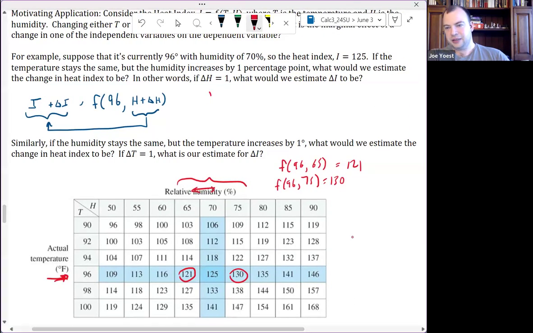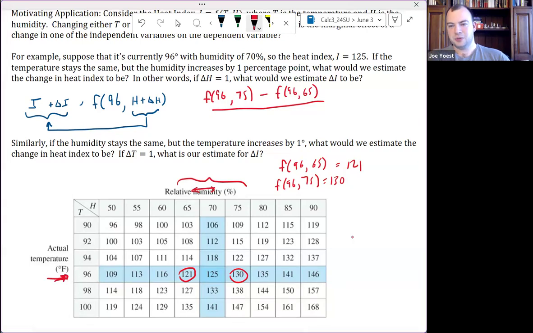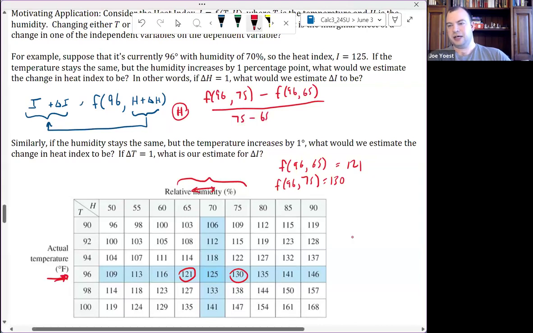Well, I notice that f of 96 comma 75 minus f of 96 comma 65, the change in the outputs over the change in the inputs, with respect to h's input changing from 65 to 75, is 130 minus 121 over 10, or 0.9.